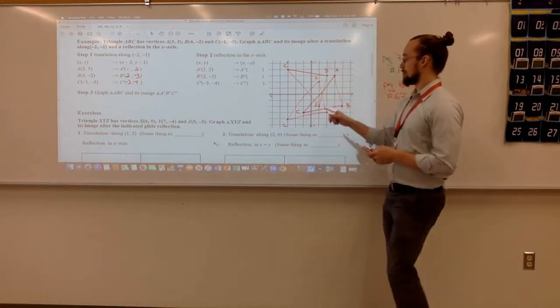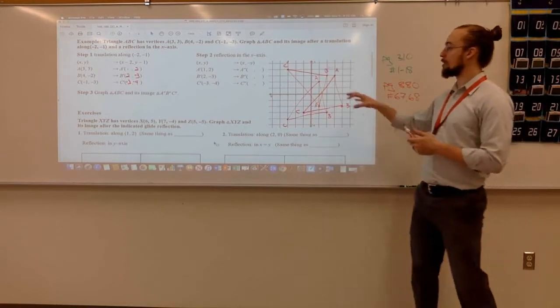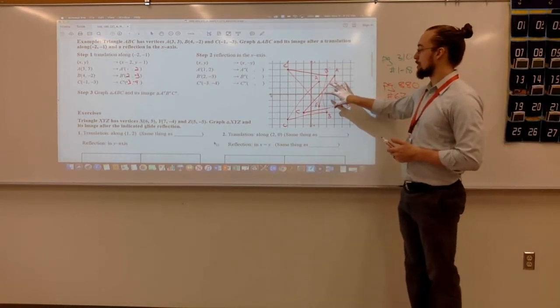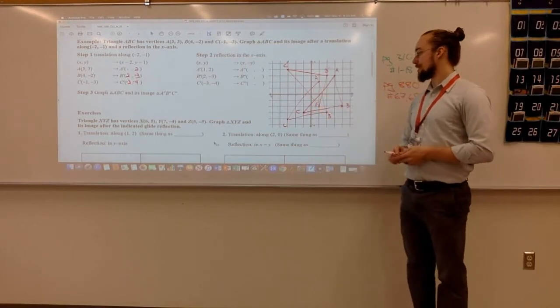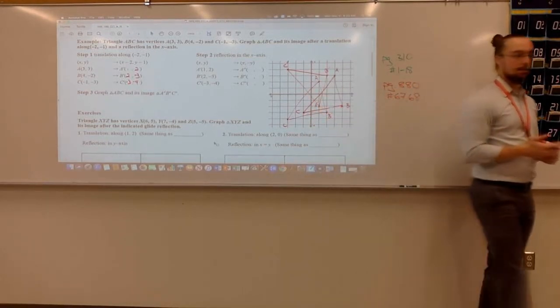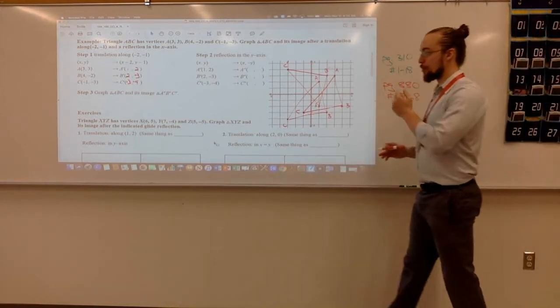These triangles ended up being on top of each other a little bit, but we took our original triangle, shifted it down and over a little bit, and then reflected it across the x-axis. So labeling the points is going to be very, very important.